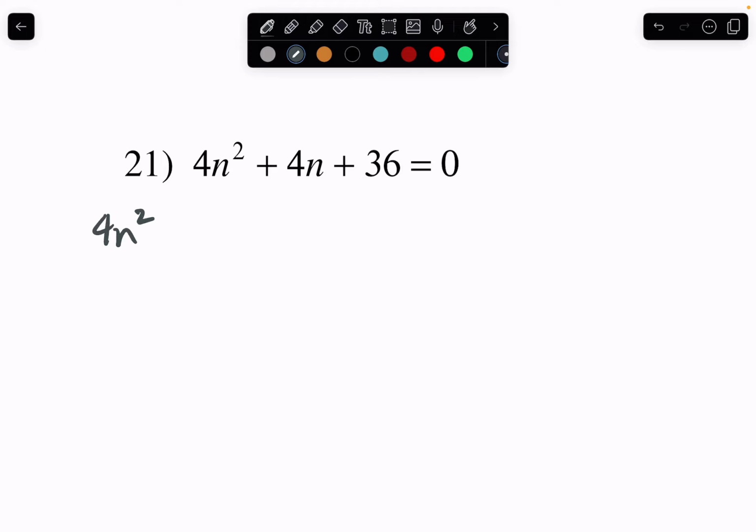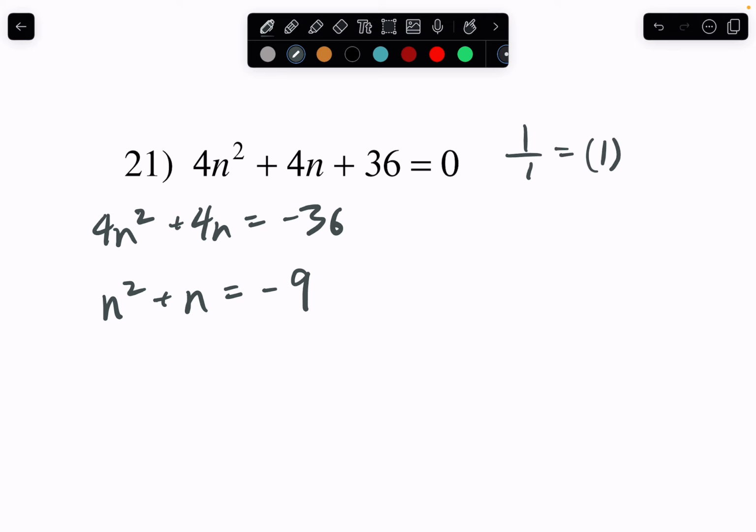4n raised to 2 plus 4n is equal to negative 36. Simplify. And then divide both sides by 1. Nothing changes. Okay. 1 divided by 1 is 1 raised to 2 is still equal to 1.